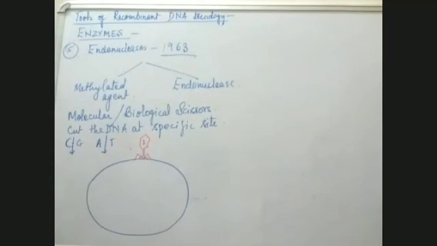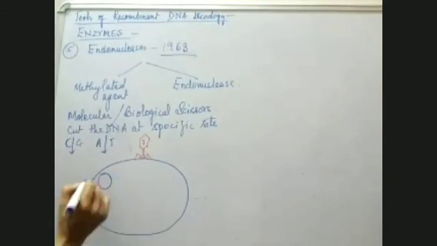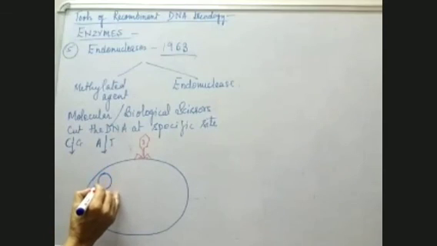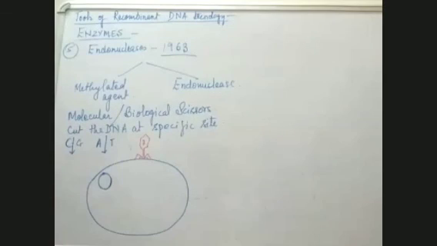Now what is inserted from the body of the bacteriophage? It is the genetic material which is inserted. Now, this bacteria has its own DNA. Suppose the circular DNA belongs to the bacteria. Now, from the bacteriophage, its genetic material is injected into this.